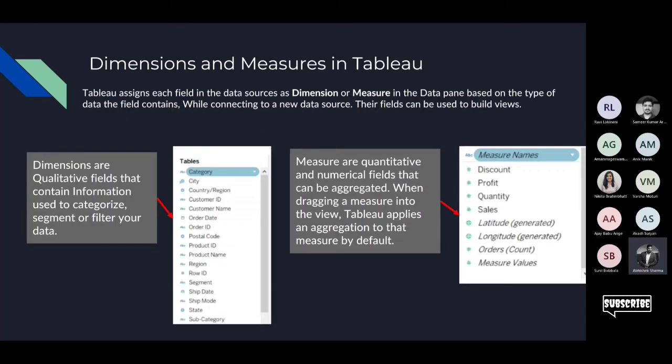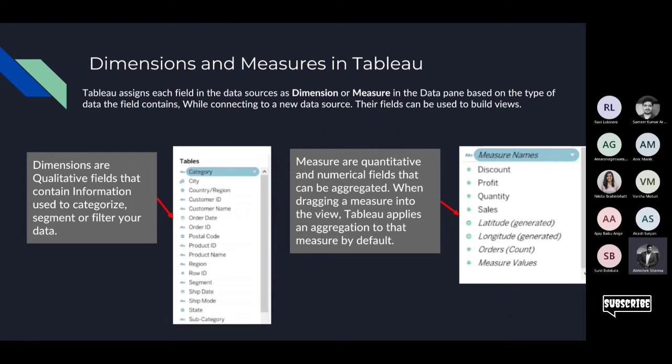So let me just start with the field values that are there in Tableau. Basically, there are two main field values categorized as a dimension or a measure. So what are dimensions? My dimensions are my qualitative fields that contain information used to categorize, segment, or filter your data. For now, I just want you to stick to the first part, that is the categorization.